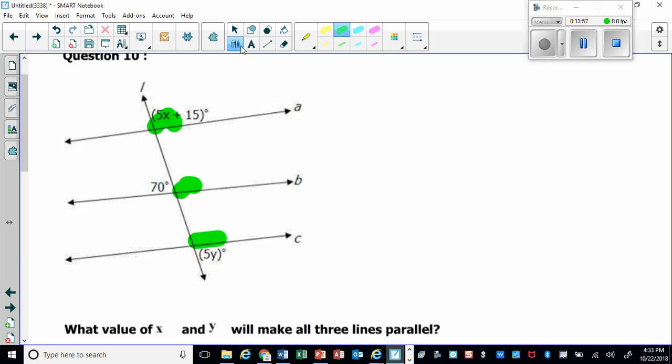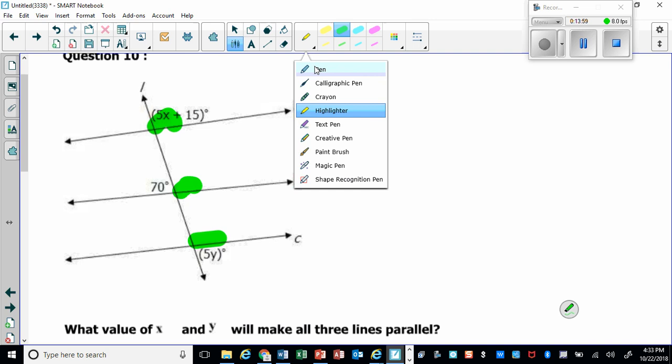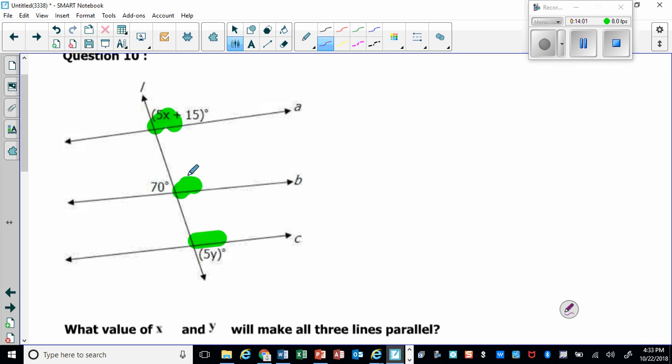So I know the corresponding angles, and knowing that this is 70, this gives you 110, right? And this is 110, because 70 plus 110 gives you 180. And this has to equal 110, because this is a linear pair, so it gives you 180 degrees.